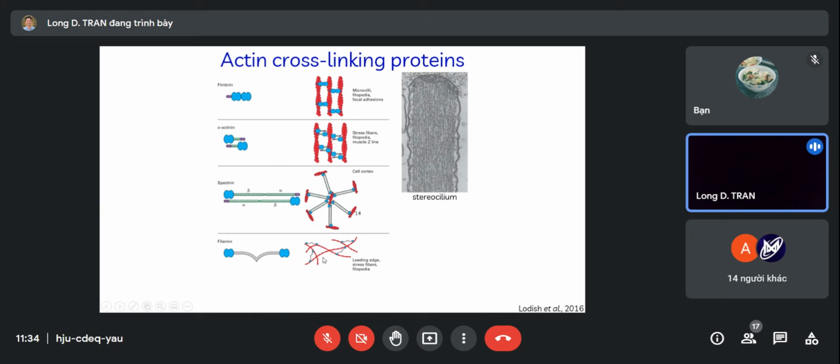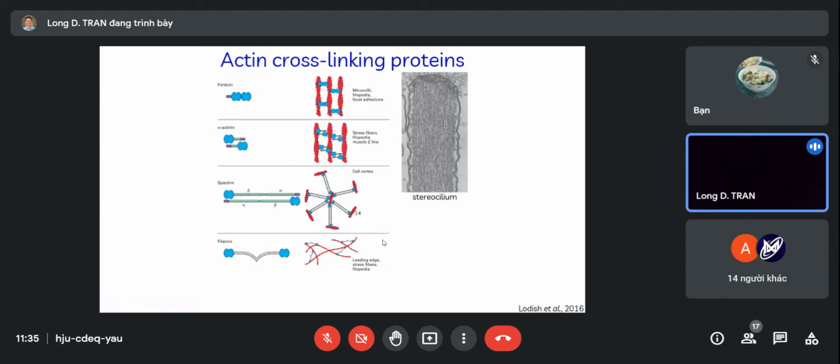Filamin has two actin binding domains, and it binds to actin in many orientations. Therefore it leads to the formation of an actin meshwork with no obvious organization of actin filaments. It is observed in the cell cortex, just under the cell membrane.